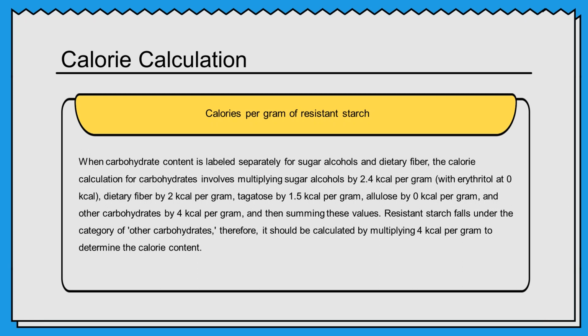The calorie content per gram of tagatose is 1.5 kilocalories, allulose is 0 kilocalories, and other carbohydrates are 4 kilocalories. Resistant starch falls under the category of other carbohydrates. Therefore, it should be calculated by multiplying 4 kilocalories per gram to determine the calorie content.